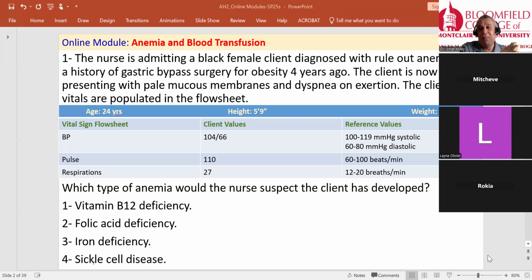So that's the link. But yes, there are other risk factors other than the gastrectomy, which include dietary or nutritional deficiencies. Did I answer your question, Rukia? Yes, thank you. Okay, so this is not the only risk factor, right?